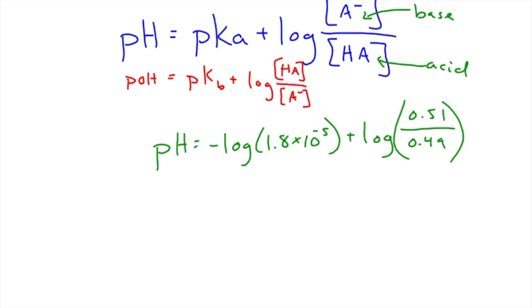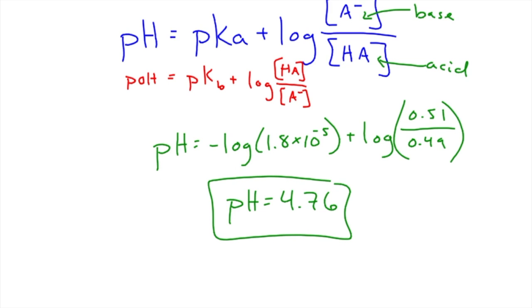And what's cool about this is I didn't even have to do as much work. And I get that. Versus beforehand, I have a change of pH of 0.02 because beforehand it was 4.74, right? So that is what a buffer calculation deals with.